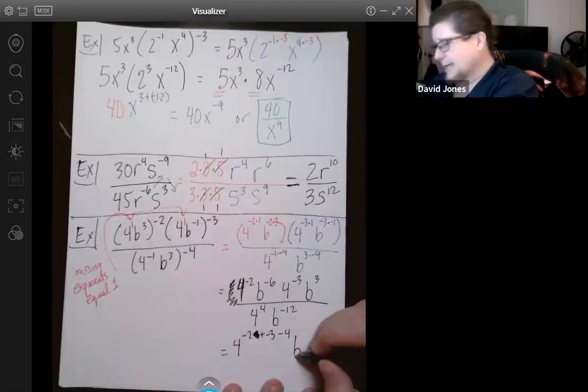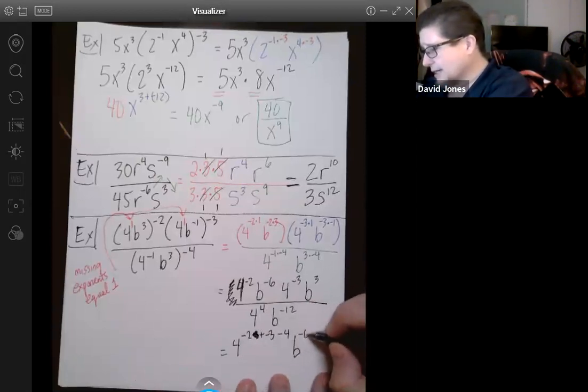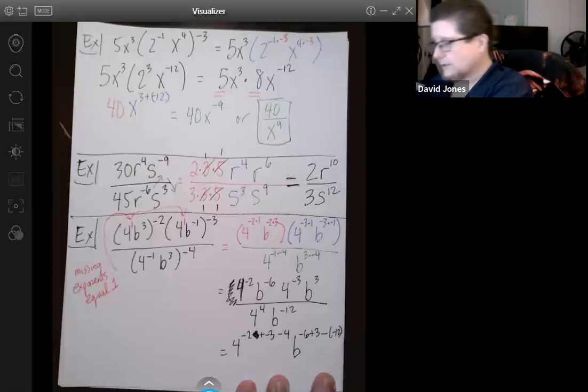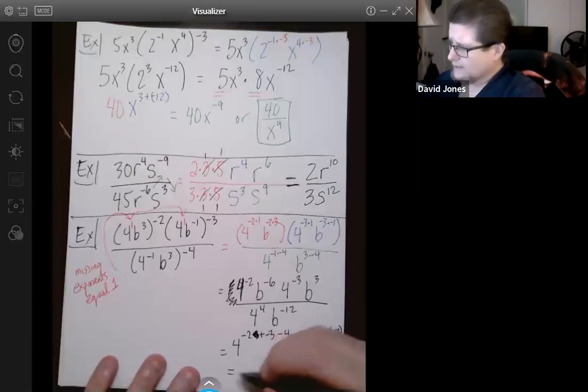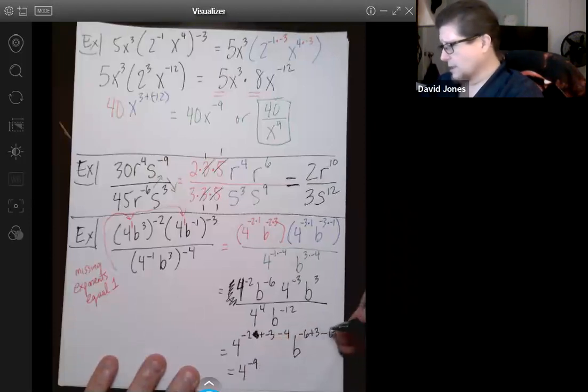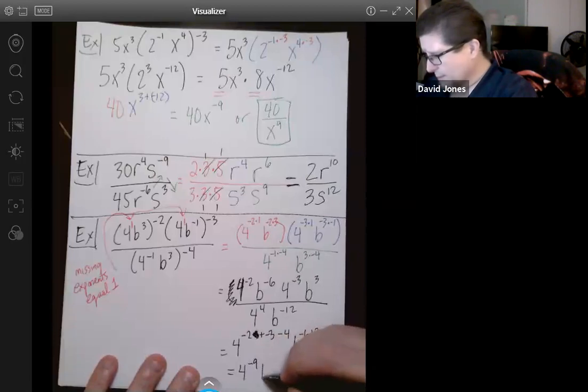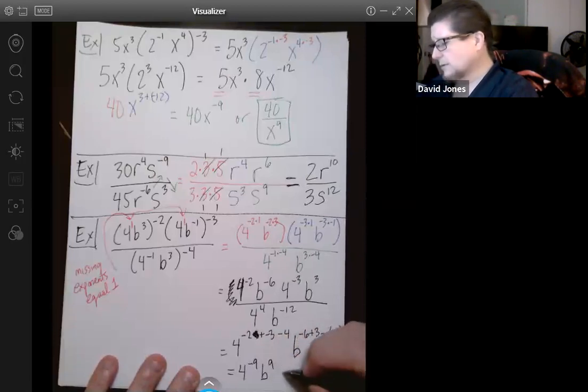And our b, we've got negative 6 plus 3 minus the exponent of the b on bottom, negative 12. This gives me 4 to the negative 9th power. And this gives me b to the 9th power.